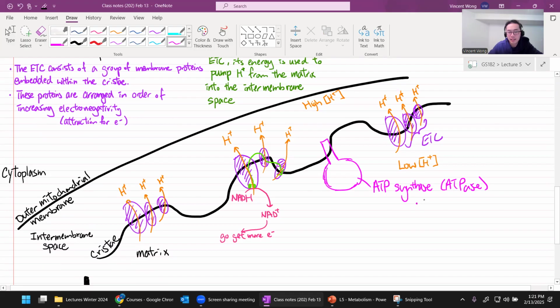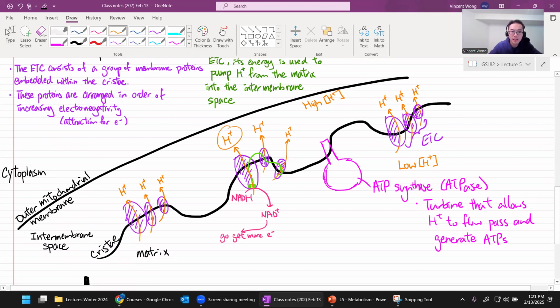It is a membrane protein that acts as a turbine that allows H+ to flow past, and at the same time, just like the water going through the turbine, the H+ will pass through the turbine and generate ATP.